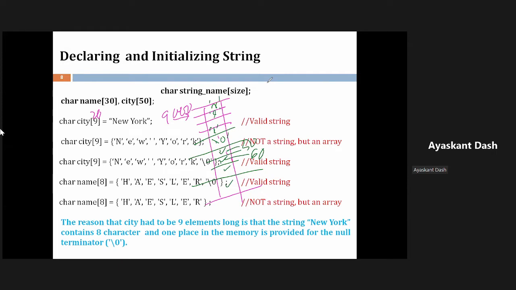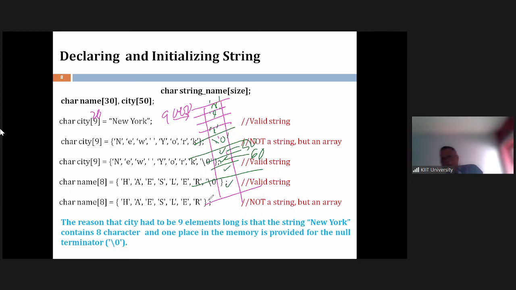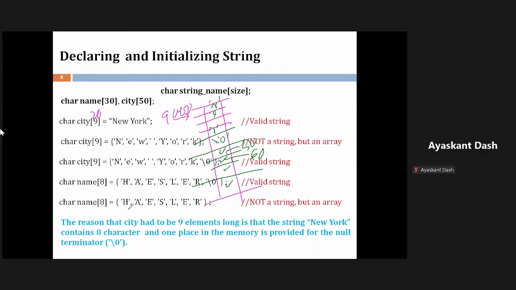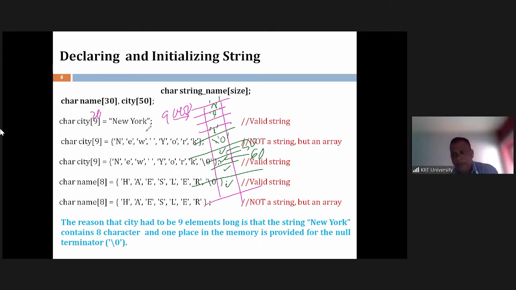In case of an array, no, it will not be added. Unless I write inside double quotes, then automatically it will be added. If I write like this, automatically it will not be added at the end. So here we are specifying it is an array of characters. Here we are specifying it is a string of characters. Arrays of characters will never add \0 at the end, but if it is a string, it will add \0 at the end.